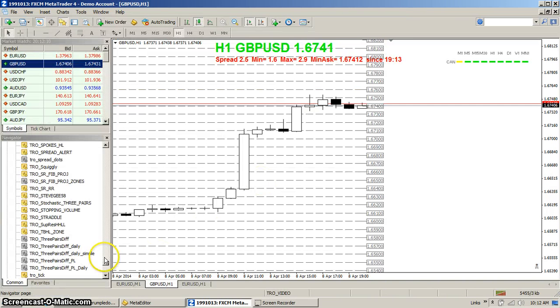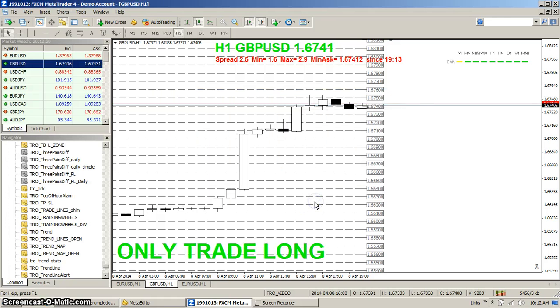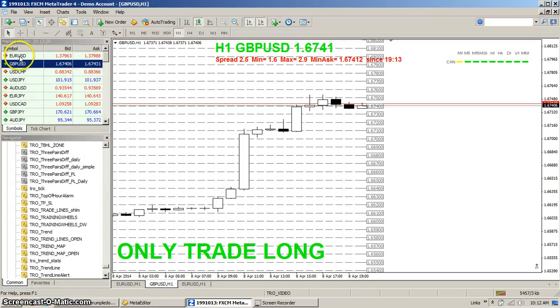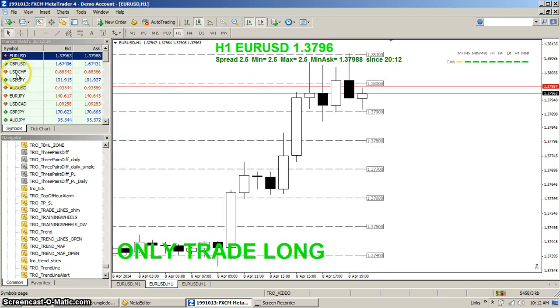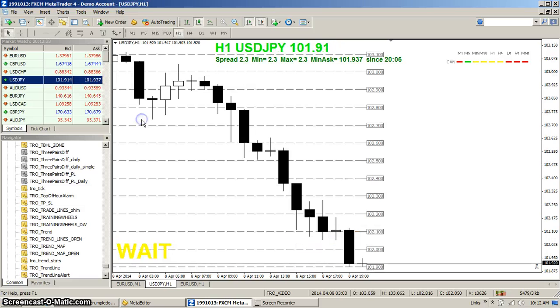And in fact, because some people had a hard time with that concept, I wrote what I call a training wheels indicator. And so it'll just tell you how you can trade. So depending on the pair, see, it'll tell you which direction.